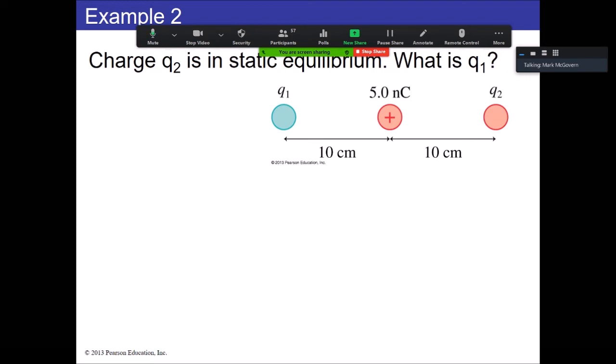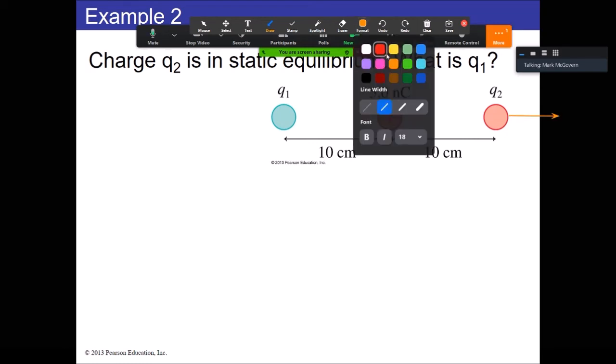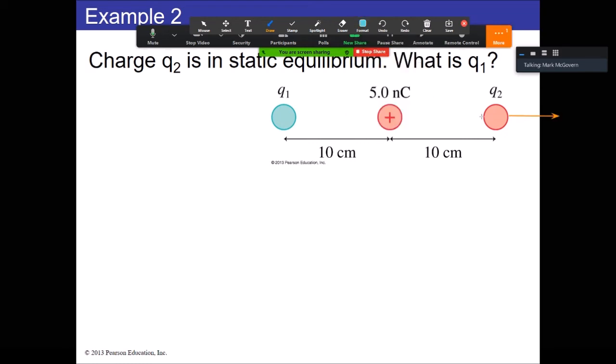They're not going to fly away. Q2 doesn't need to be locked down. It's just in static equilibrium. What's going to happen is Q2 is going to experience a repulsive force from the 5 nanocoulomb charge, and it's going to have a vector that looks like that. And then we're going to get to cyan, to the left, that is equal.